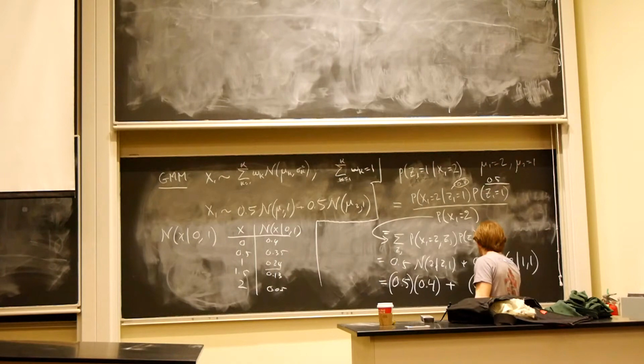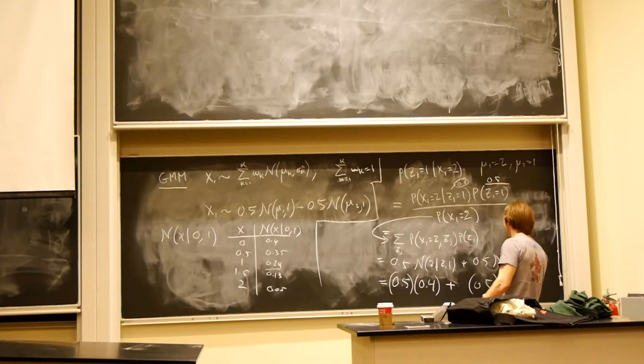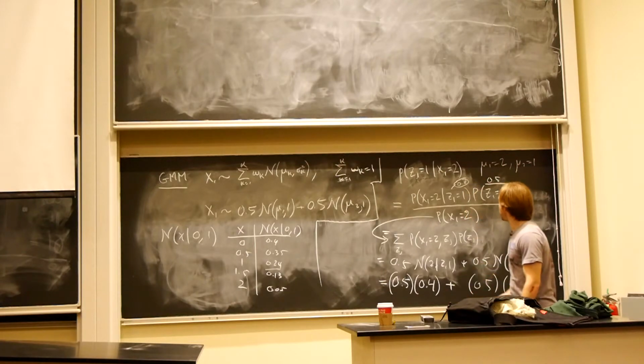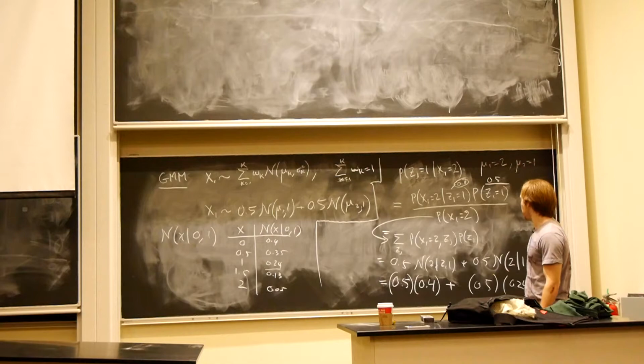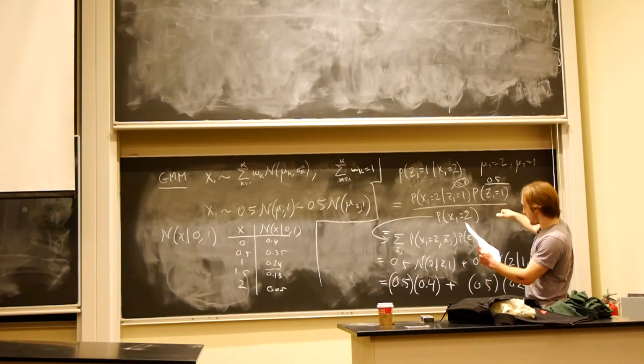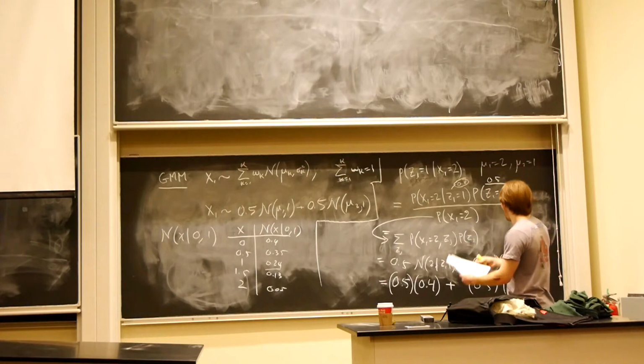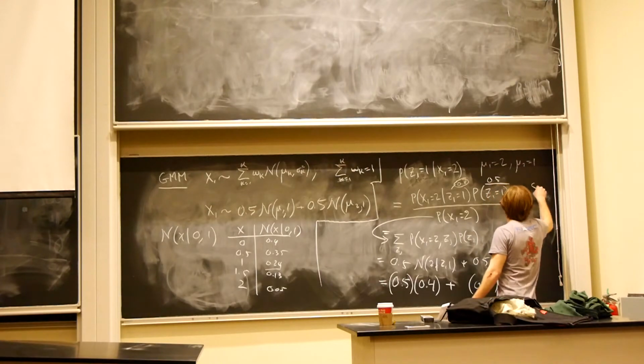So that's 0.5 times 0.24. The denominator is a little more complicated, but if you take 0.4 times 0.5, divided by 0.5 times 0.4 plus 0.5 times 0.24, it equals 5/8.